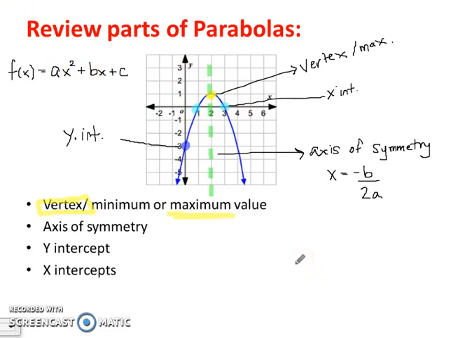So these are our key parts of our parabolas: the vertex, the axis of symmetry, the y-intercept, and the x-intercepts. Knowing where these key features are helps us create the shape or graph our quadratic function. So when we go to graph quadratic functions, we're going to look at identifying these key parts. So let's go ahead and take a look at that.